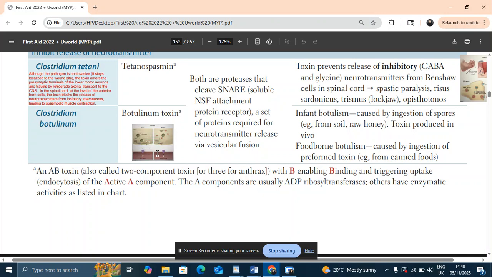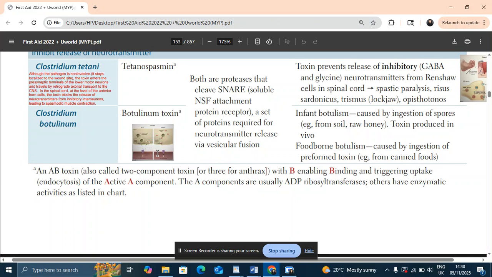How does it work similarly? Both botulinum toxin and tetanospasmin are proteases, which means they break down protein. They cleave the SNARE protein, which is required for neurotransmitter to get released from the vesicle. So botulinum toxin cleaves the SNARE protein, and neurotransmitter cannot get released into the synaptic cleft.